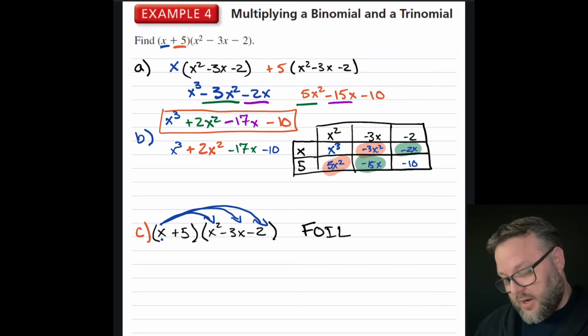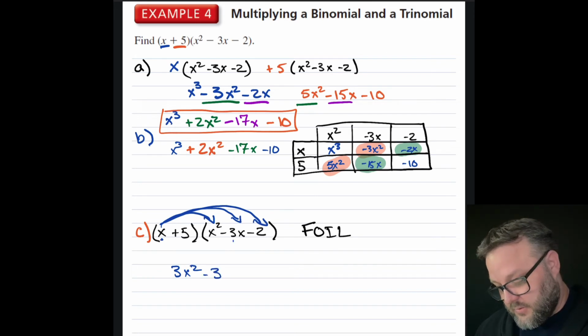I'm just remembering I take this first x and multiply it. Well, the first one gets me 3x squared. The second one, where I have my second line, takes my x times my -3x, which is -3x squared.